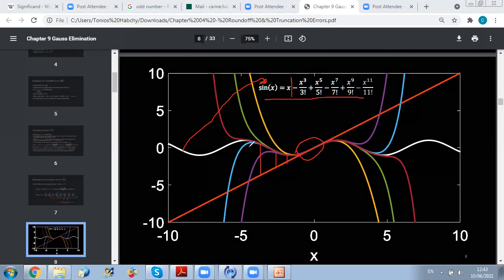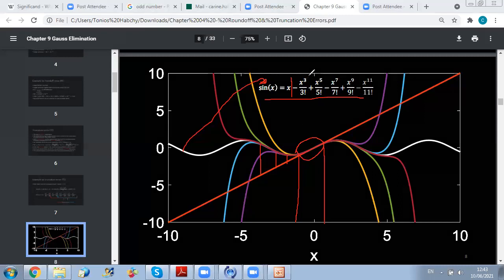So I will get larger and larger errors. So I can say that this approximation will nearly be only valid between maybe -1 and 1, and after this it will not be accurate anymore.